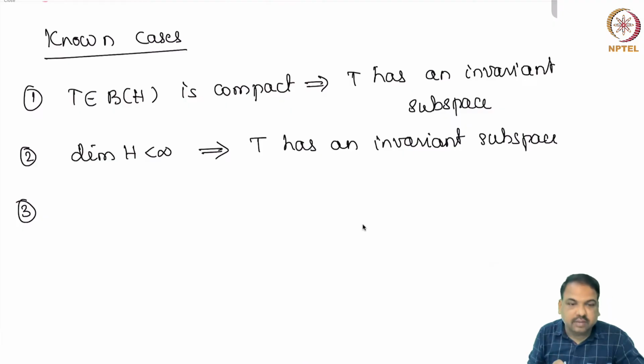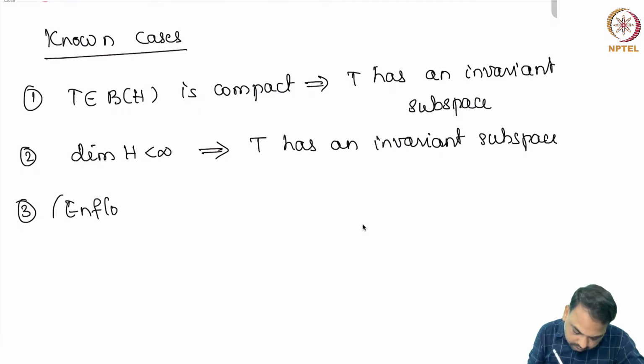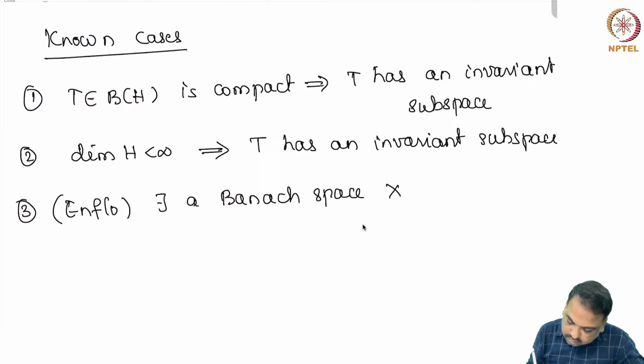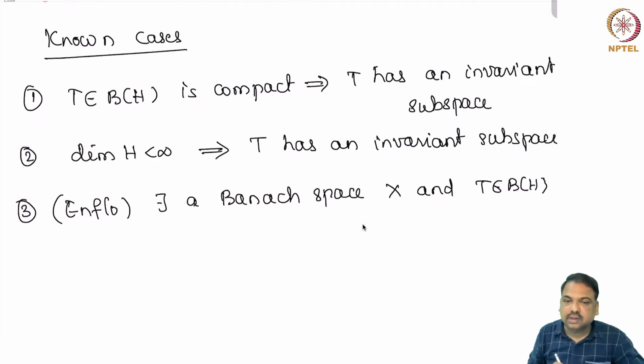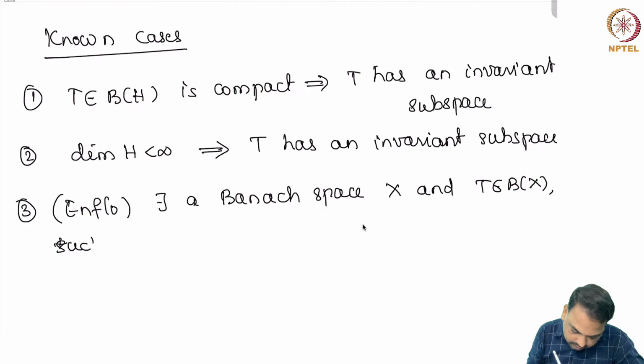There is a famous result by Enflo, which says that there exists a Banach space X and T in B of X, which is not a scalar multiple of identity, such that T has no invariant subspace.